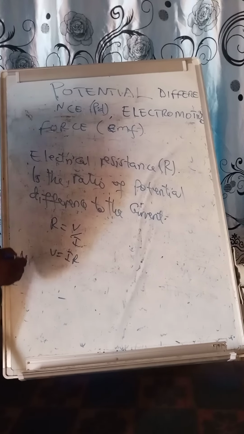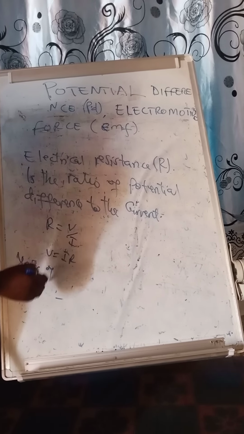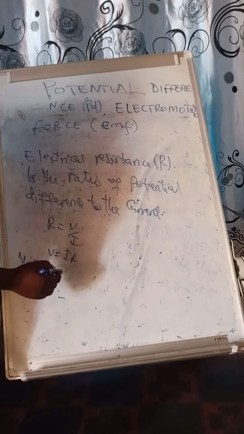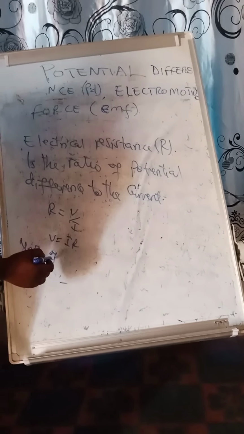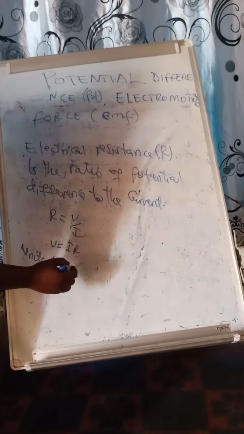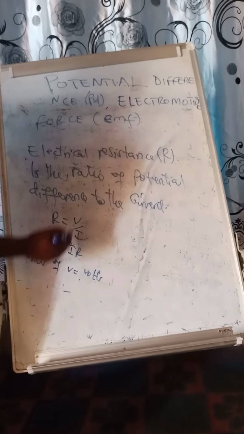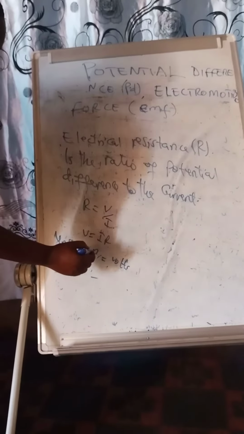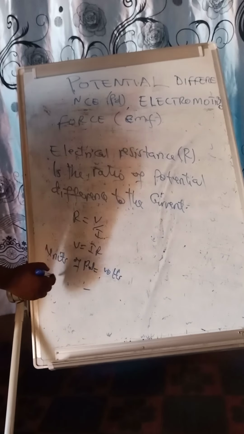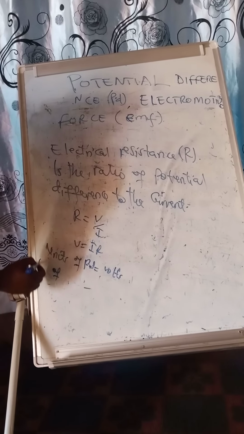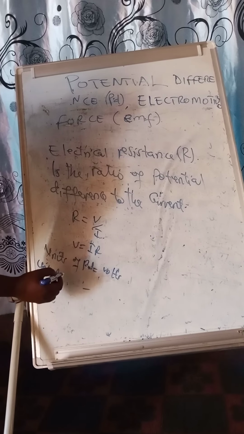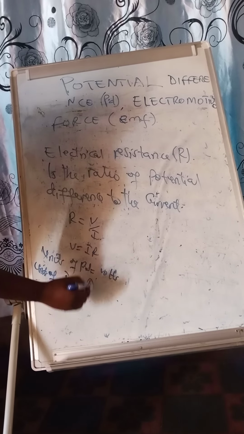And so the units here. Let's start with V. V is volts. The unit of potential difference, PD, is volts, and the unit of current is ampere.